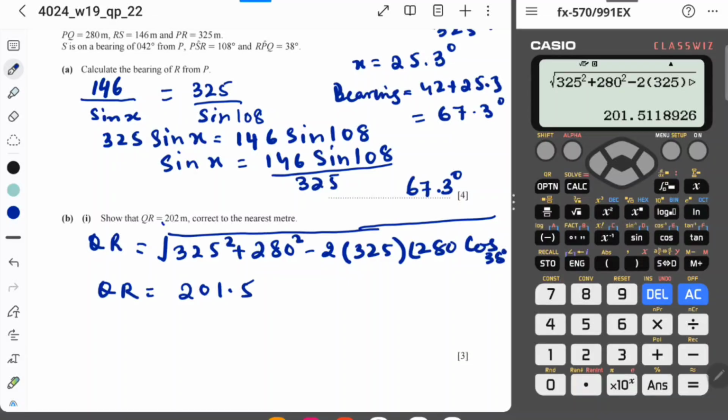Corrected to the nearest meter, we round up to the whole number, so that will be 202 meters. So shown. Let's move to the next part.